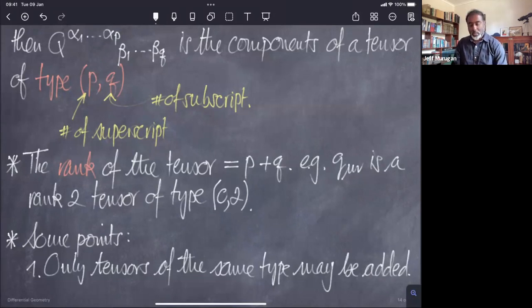Second point is that upstairs indices can only be summed with matching downstairs indices. I can't sum an upstairs index with an upstairs index. If I have a mu and they're both upstairs, then I don't sum over that.